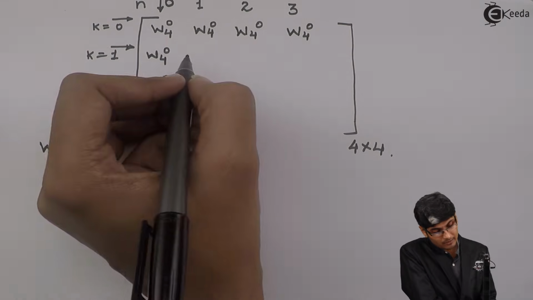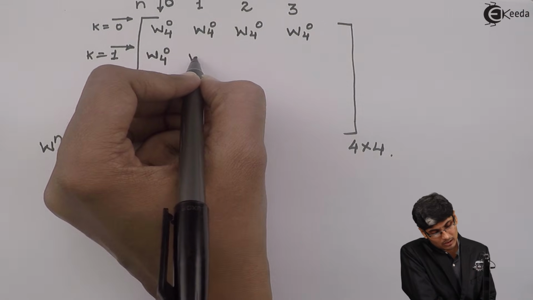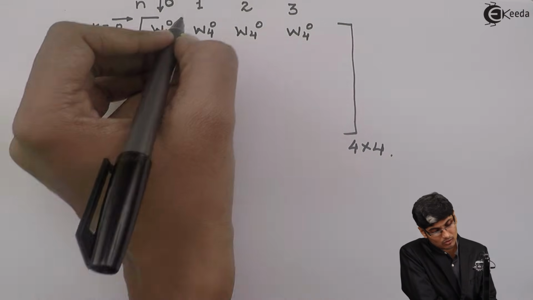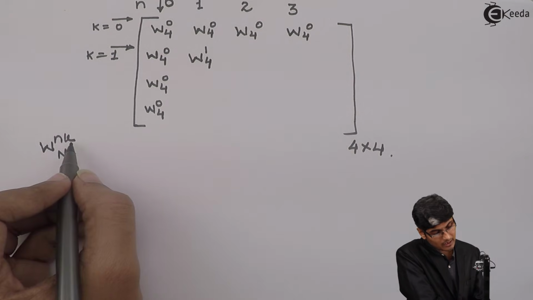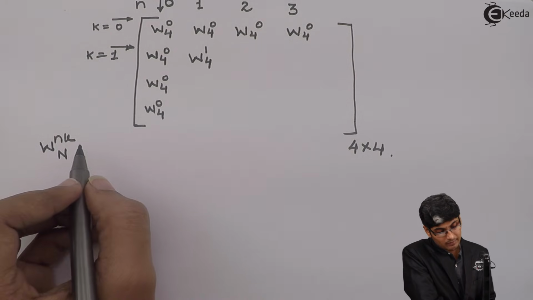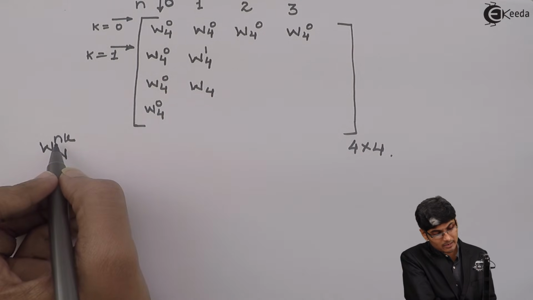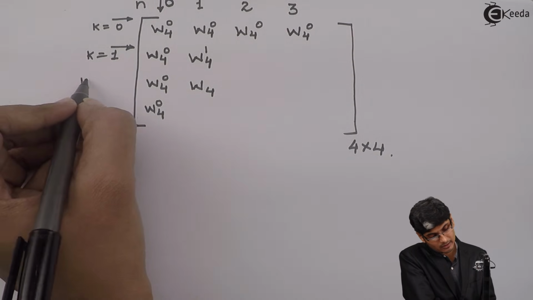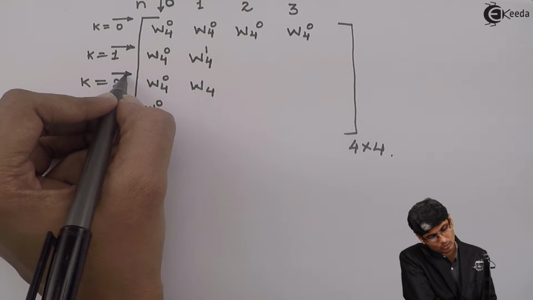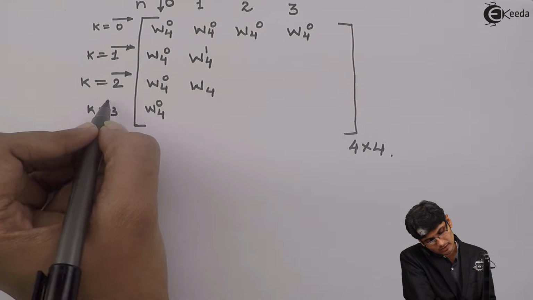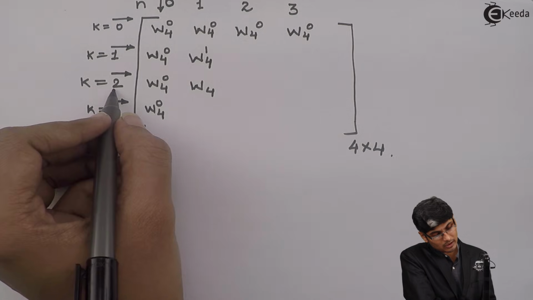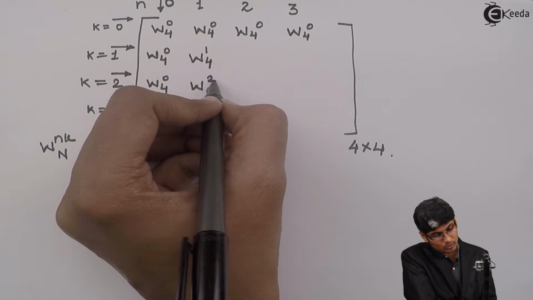Okay. Then I will have here W4 raised to, now k is also 1, n is also 1. So when I put n and k, I get 1. Then let us say k is equal to 2, this is the row, and k is equal to 3, this will be the row. So here k is 2 and n is 1, so you get 2.